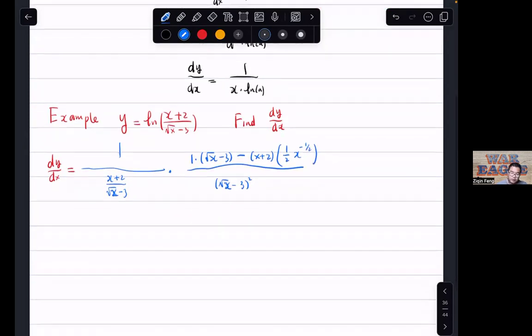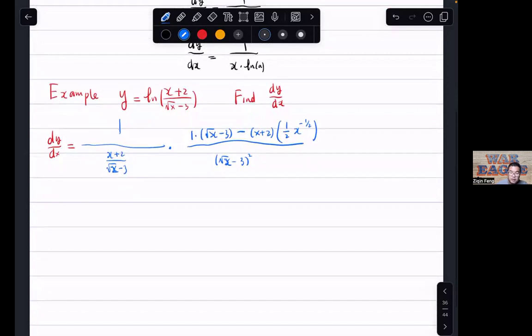Now let's try a different way to do it, right? Remember the logarithmic laws. If you have natural log of a times b, you get natural log of a plus natural log of b, right?